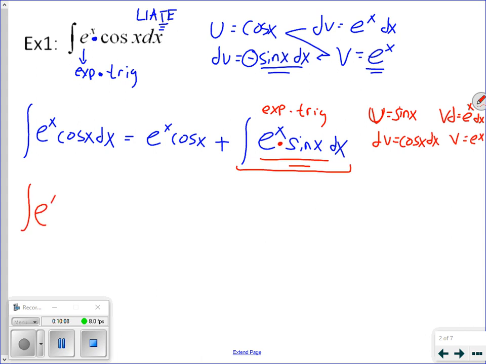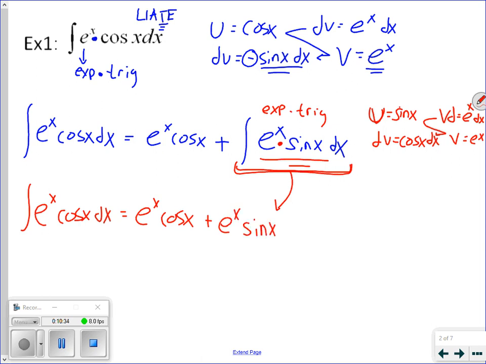We got the integration of e to the x cosine of x dx equals e to the x cosine of x plus, and I'm going to write out what this is equal to now, based off of the integration by parts. It's plus uv, so e to the x sine of x, minus the integration of v du. That's e to the x times cosine of x dx. Okay?